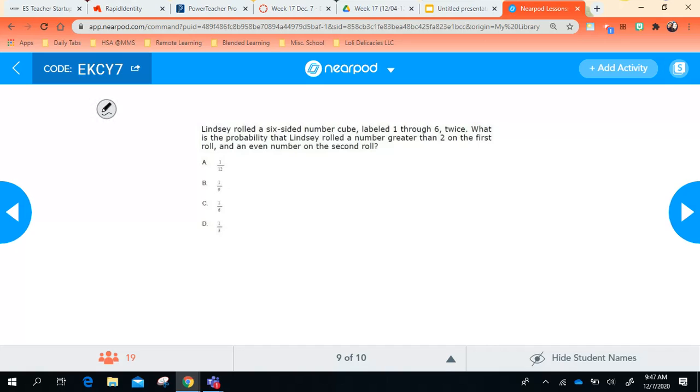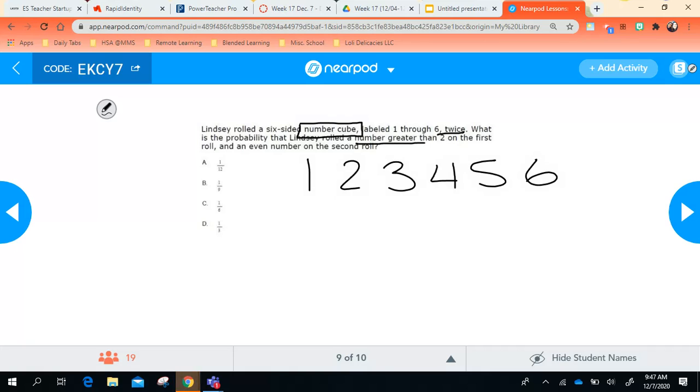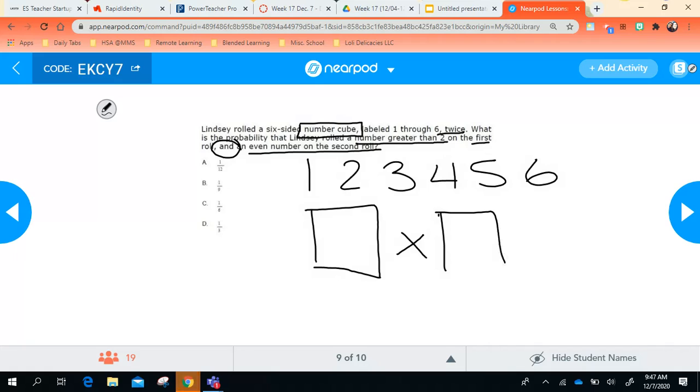So we're looking at and. Are we adding or multiplying? We are going to multiply our first fraction times our second fraction.